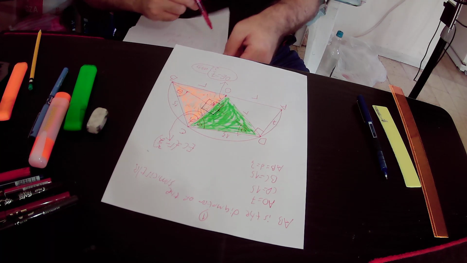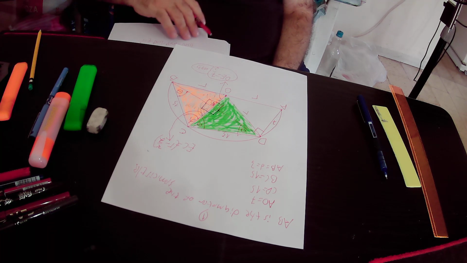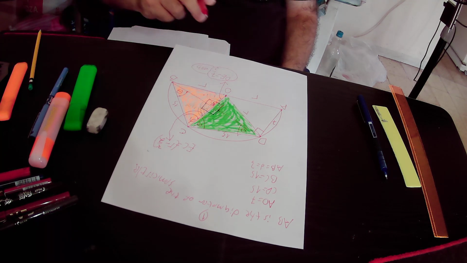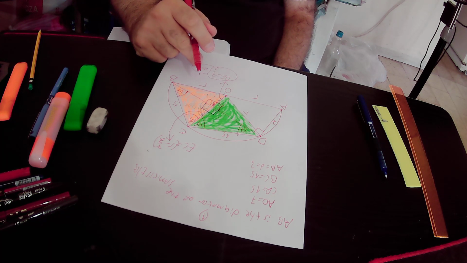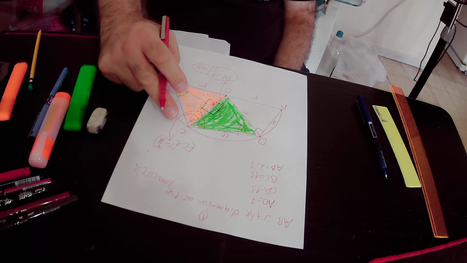But what is the value of OB? OB equals R, so OB square is R square minus OE square. OE equals 7 over 2 units, so OE square will be equal to 49 over 4. That equals CB square.